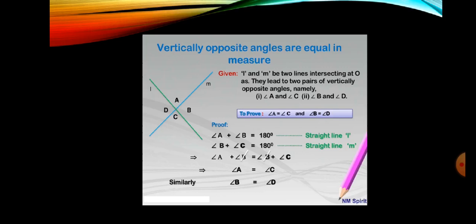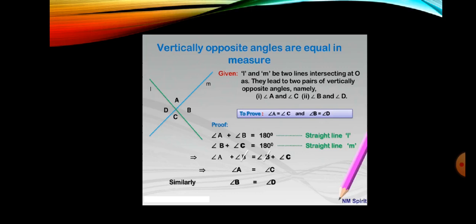Now angle A and angle B sum to 180 degrees. Why? Because angle A and B make a straight line, and the straight line angle is 180 degrees. Similarly, we take angle B and angle C. The sum of both angles is also 180 degrees because they also make a straight angle.